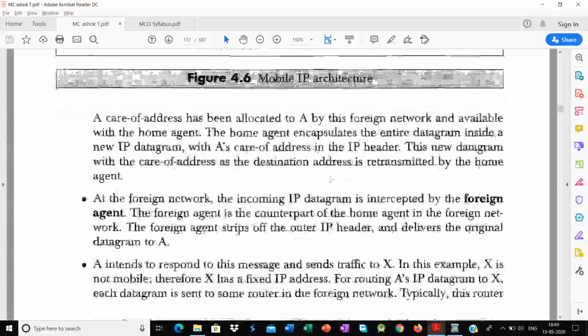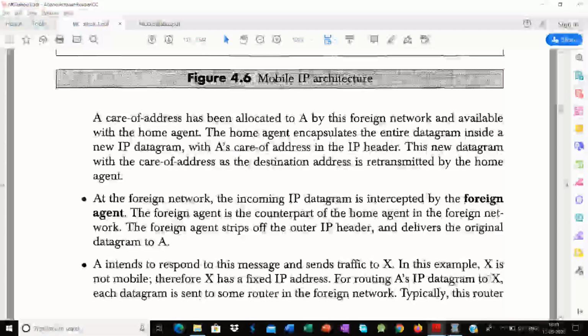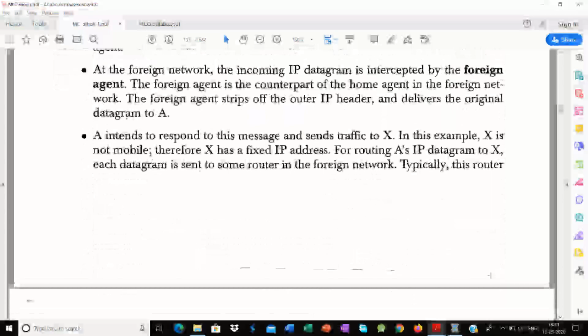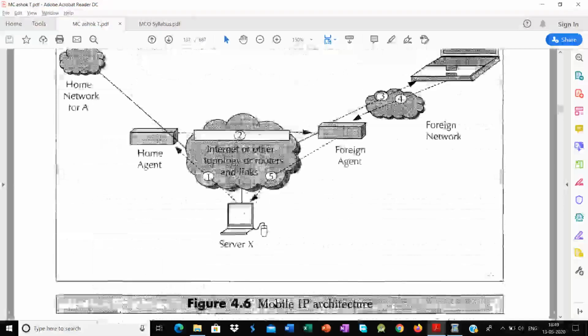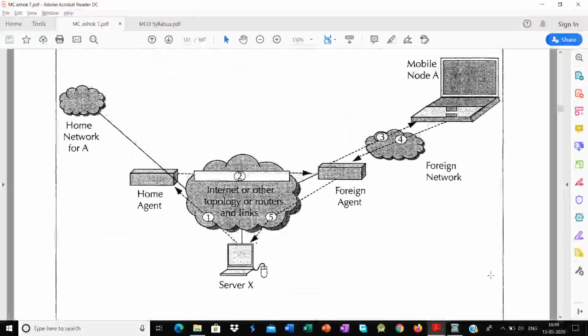At the foreign network, the incoming IP datagram is intercepted by the foreign agent, which is the counterpart of the home agent in the foreign network. It is an intermediate system that knows the addresses of mobile node A and home network A.